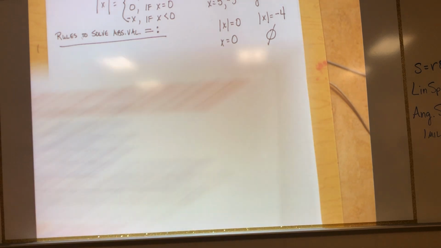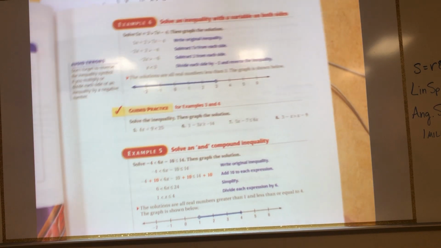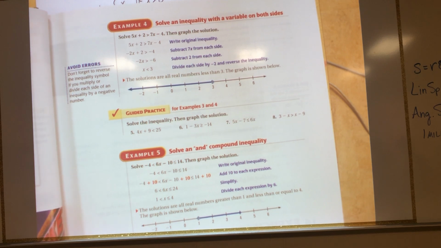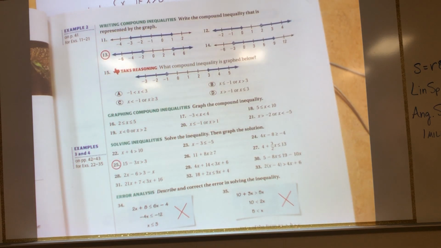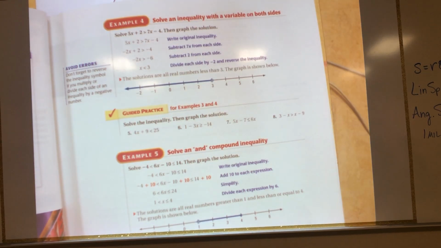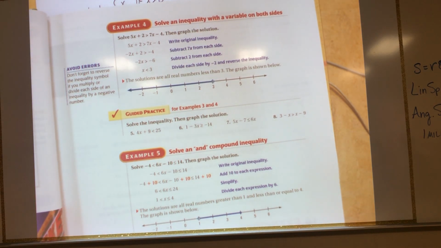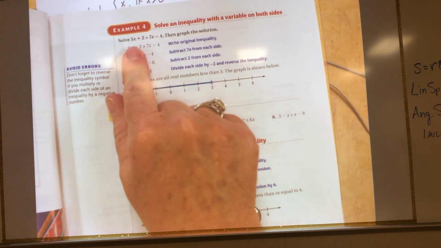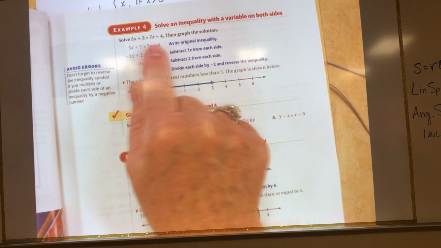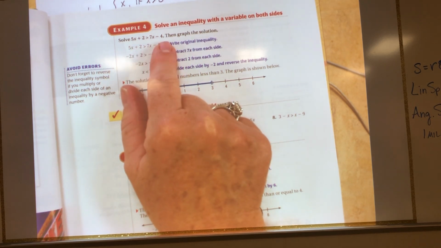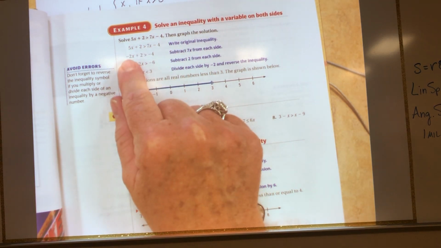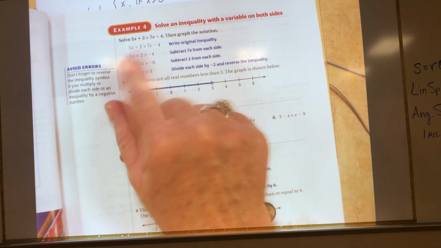This is a kid's book, not a teacher's edition. Look, example 4. That's what we did. It tells you how to do it. We got all X's. See, they tell you right here. We showed our work and did it.